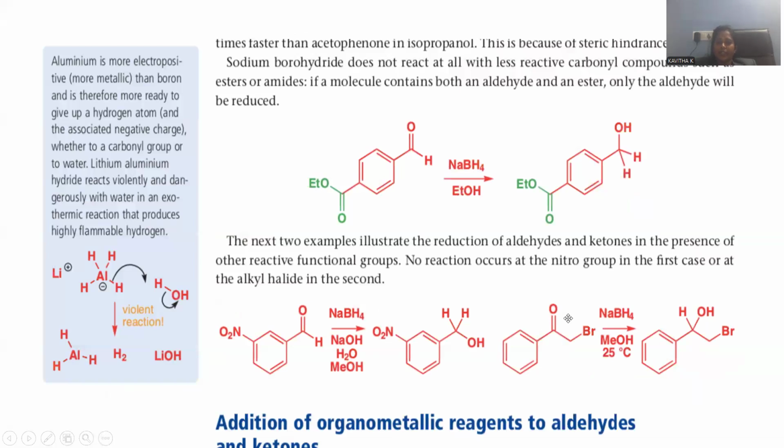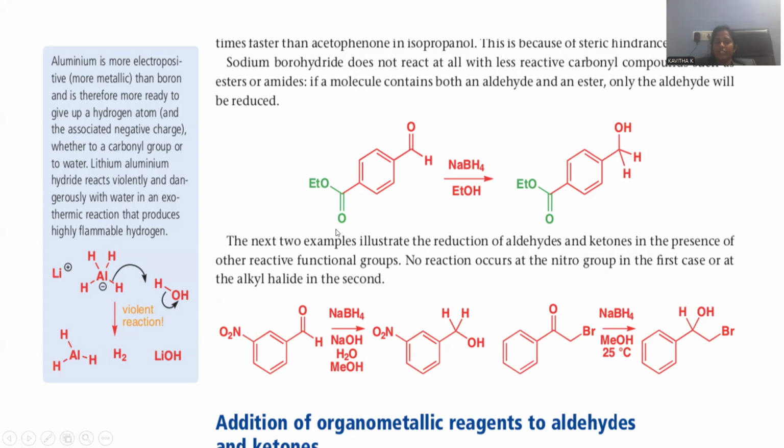And there is another comparison, selective reduction. How it will go for selective reduction, you can notice. Here is the aldehyde, here is the ester. The reagent is sodium borohydride. Blindly, you can go for the reduction of this aldehyde into a primary alcohol without affecting this ester linkage.